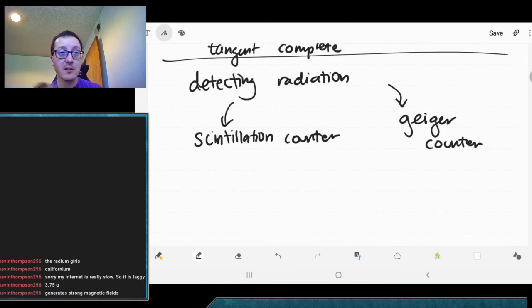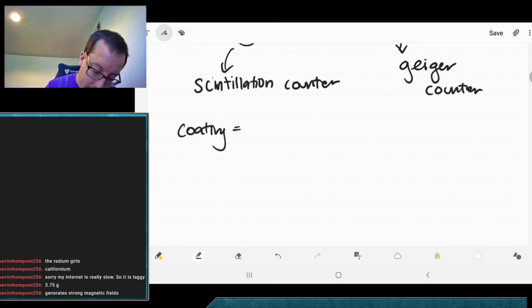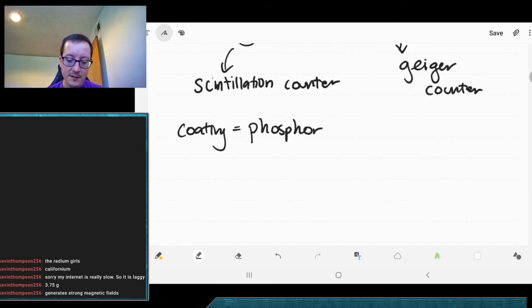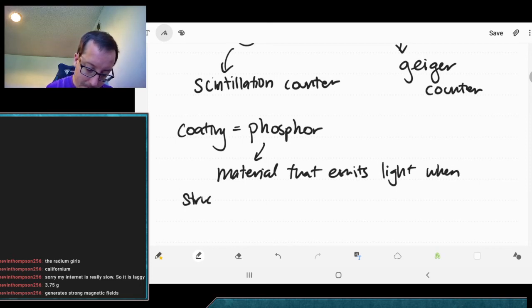A scintillation counter, which is the most common one, has a special kind of coating on it. So there's a detector with a coating on it, and that's what's called a phosphor. A phosphor is a material that emits light when struck with a particle.